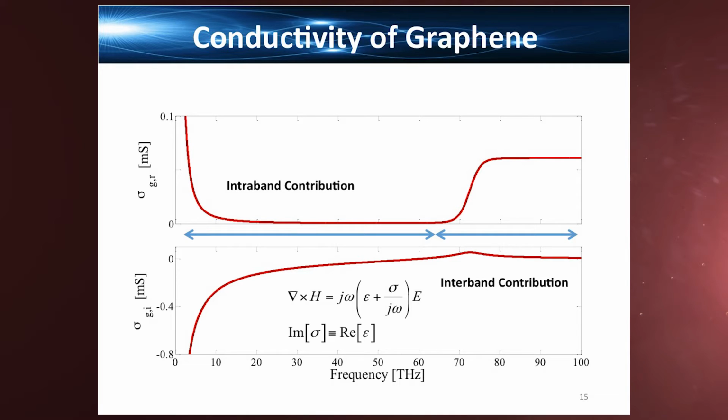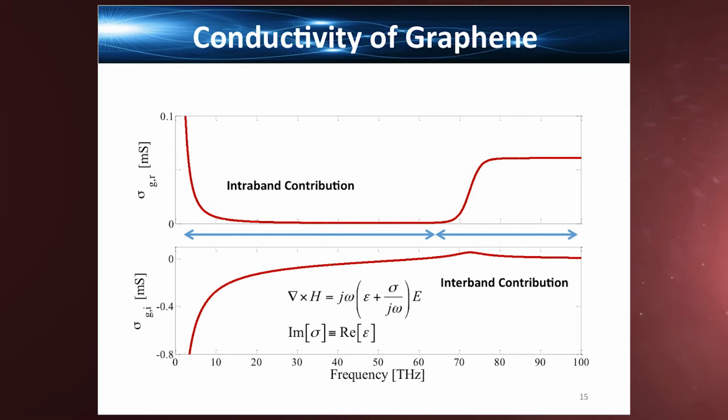So, in this figure, you see the real part and imaginary part of the conductivity of graphene. In this region, the intraband term of conductivity is the dominant term, and from this point, the interband conductivity gets more important. If you consider the curl equation for the magnetic field, we see that the imaginary part of conductivity looks like the permittivity.